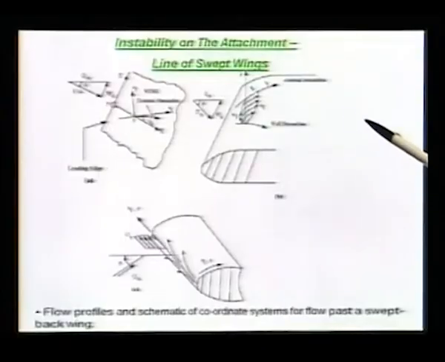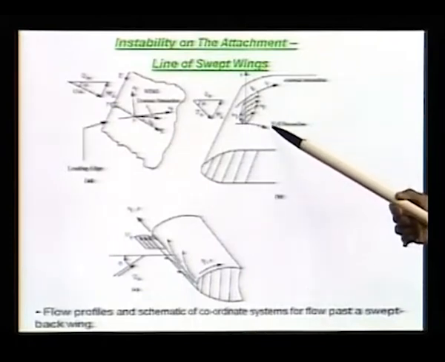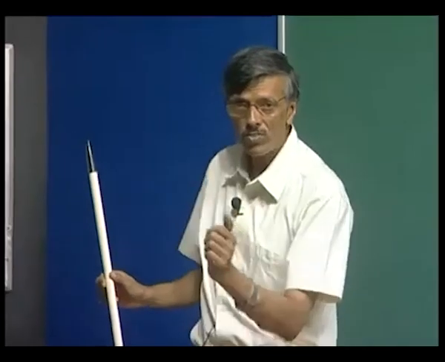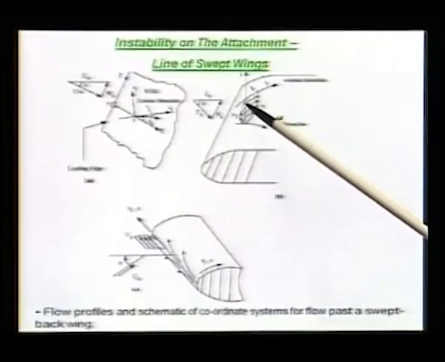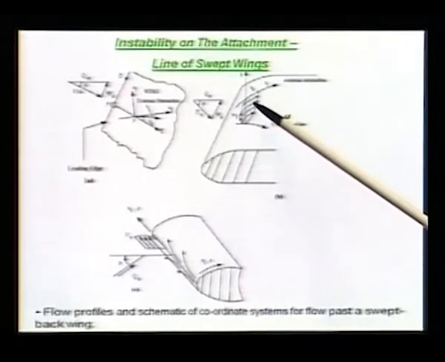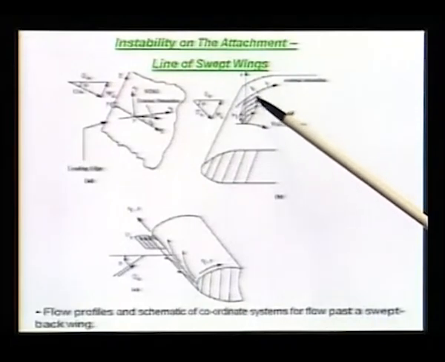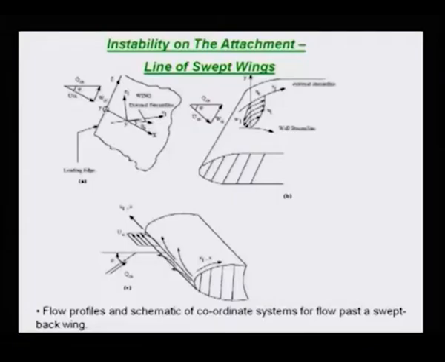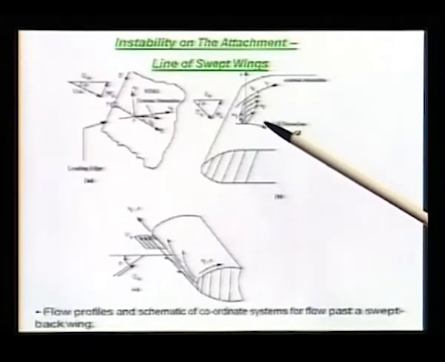As a consequence, you have streamlines which may be aligned in one direction at the wall, and as you go outside the cross flow component keeps changing, and that skews or twists the streamline. The external streamline is the one where the w component has come to 0 and u has reached its free stream value. From that point onward your streamline would be the same, but inside the shear layer it is all twisted. That is what we are trying to show you here by showing an isometric projection of the velocity profile over the wing.